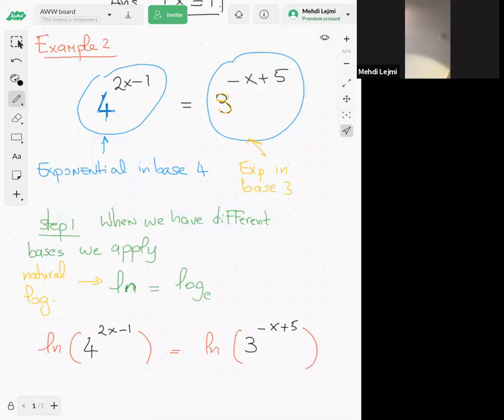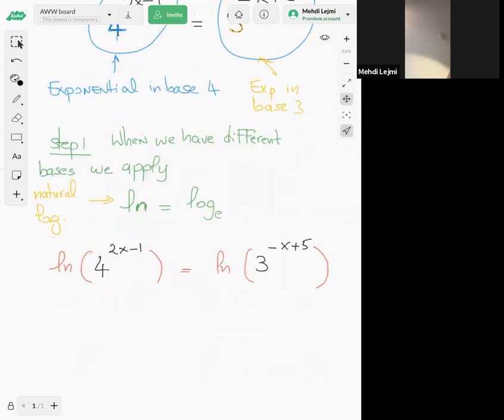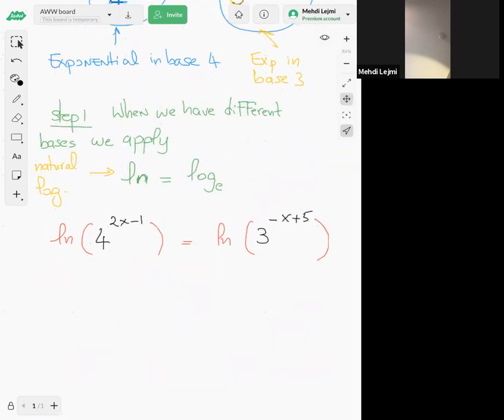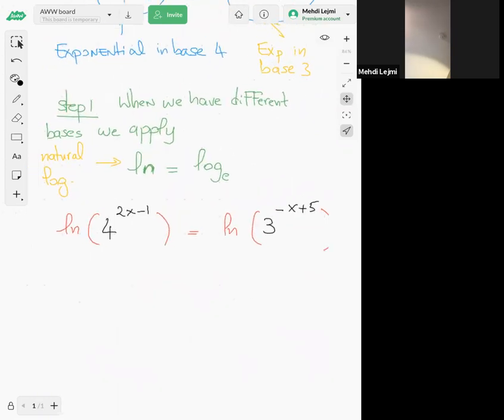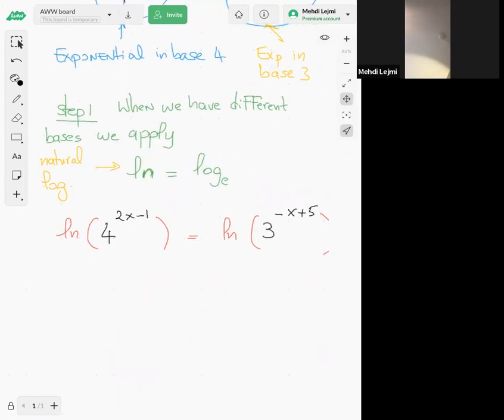All right. And of course, next step, it's always the same. Once you apply a log, it doesn't matter in which base, you can always bring down the power. So this power here, this 2x minus 1, to the front here.